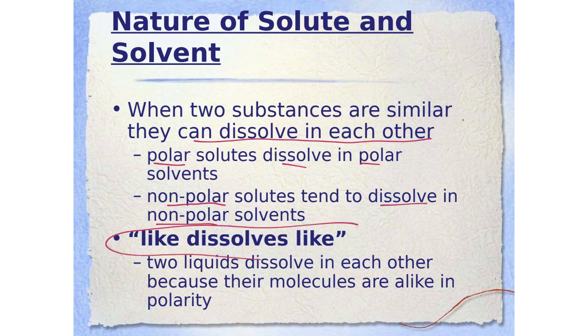So we use the phrase like dissolves like in order to recall that. If you have a molecule that is polar and has charged ends on it, it will be able to attract other charged ends of the molecule. If you have a nonpolar substance that has no charged ends, they'll be able to attract the other molecules through London dispersion forces, which we saw when we talked about IMFs.